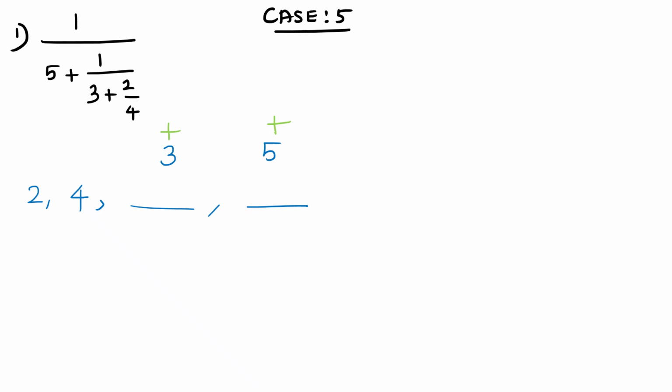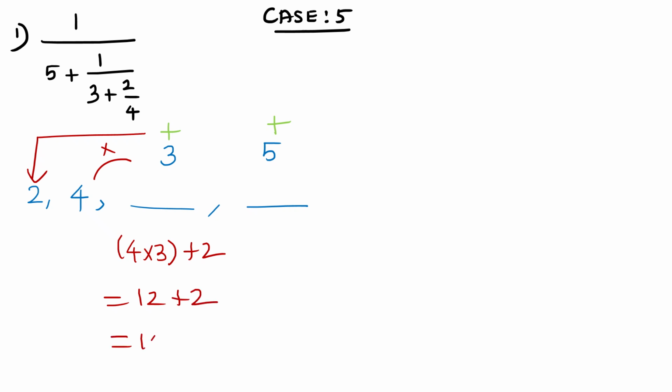Then next I'm going to multiply here. Then after multiplying I'll be adding with the previous number. So I'll be getting 4 into 3, that is 12, plus 2 with the previous number. I will be getting in the first blank 14.